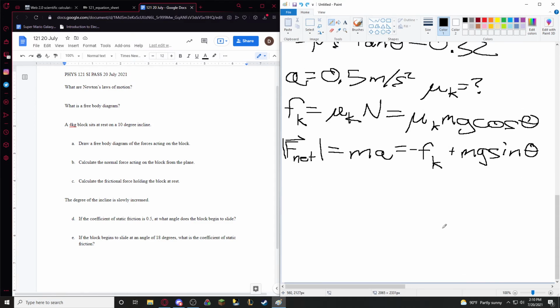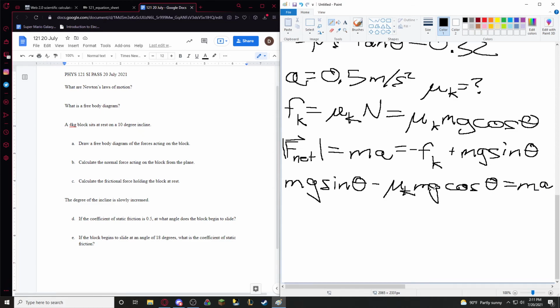Okay. So let's go ahead and write everything together. So we know that mg sine theta minus mu k mg cosine theta is equal to ma.